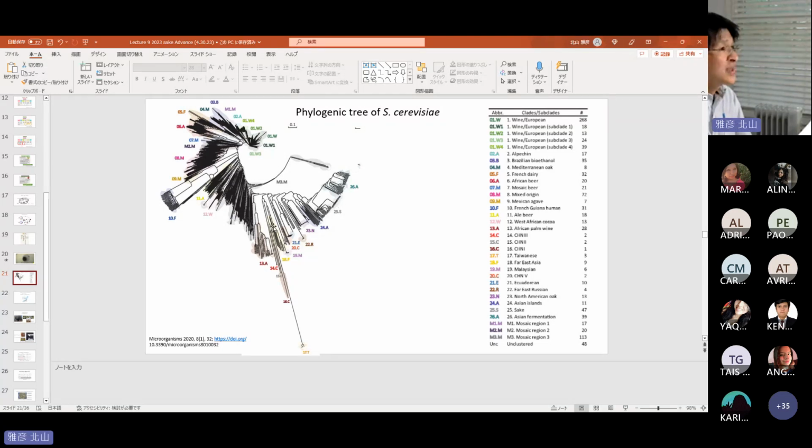And in between, we have yeast strains isolated from beer producing areas, number 11. So this is yeast isolated from beer production areas. They all belong to Saccharomyces cerevisiae, the same taxonomy.